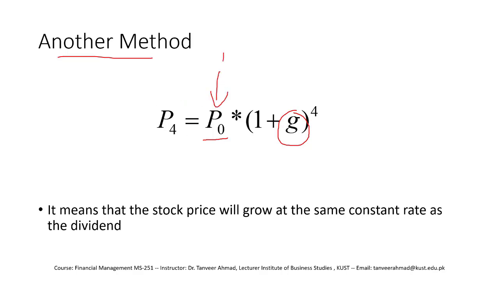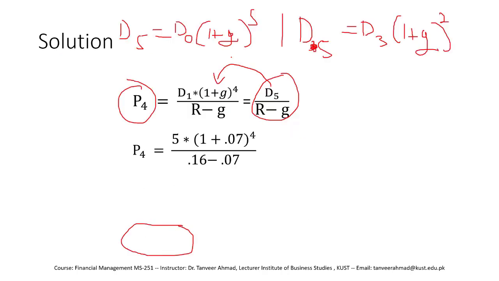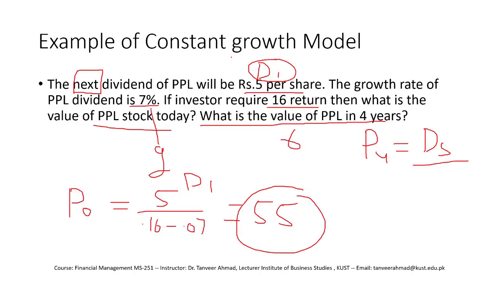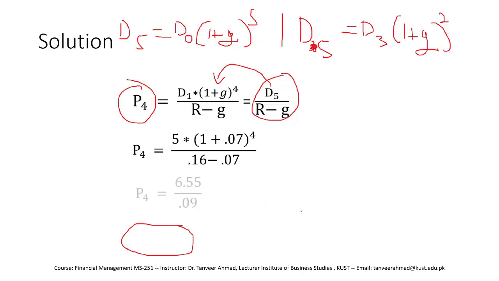So if we have P naught, which we have already found in the previous example in part 1 of this question, we simply grow it for 4 years and it would become P4. Let me get back to P naught. This was the P naught that we found, 55.